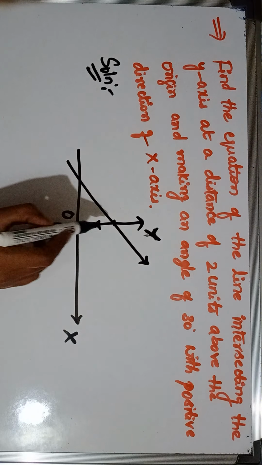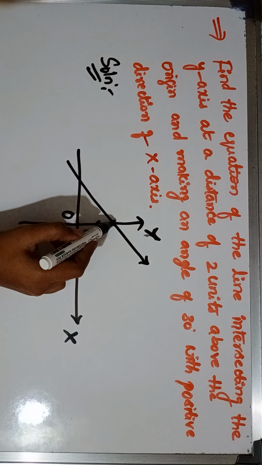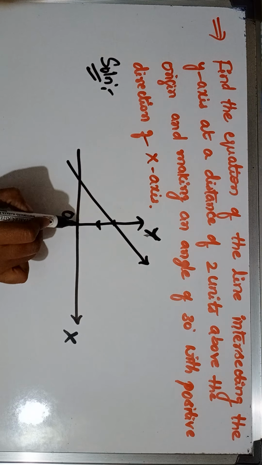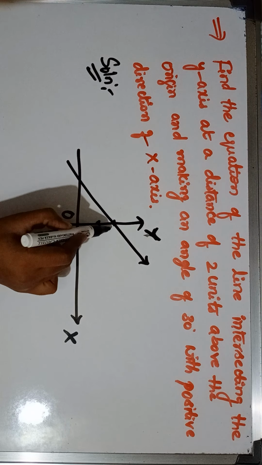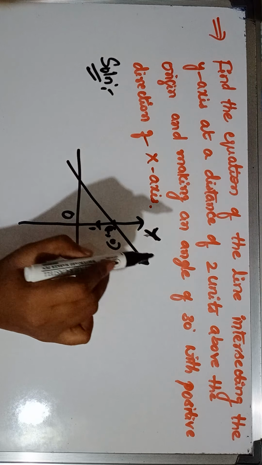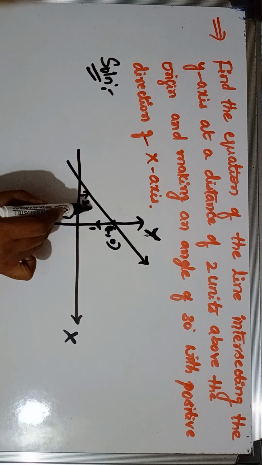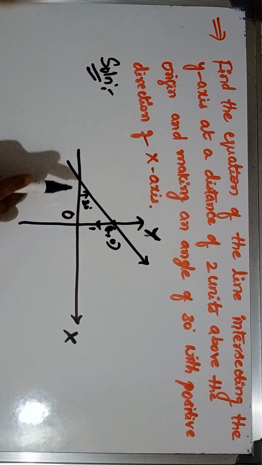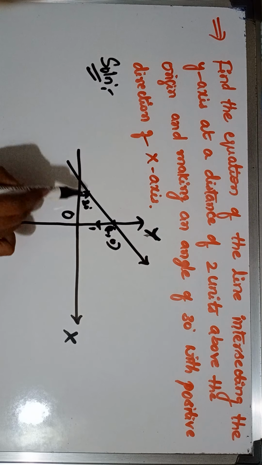See, this is the line which intersects at a distance of 2 units above the origin with the y-axis. So this is 1, this is 2, so at this point, 0, 2, it intersects the y-axis and it makes an angle of 30 degree. See, this angle is 30 degree with the positive direction of x-axis. Starting from the positive direction of x-axis, it forms a 30 degree angle.